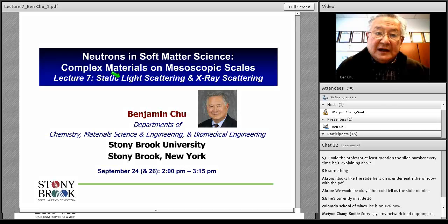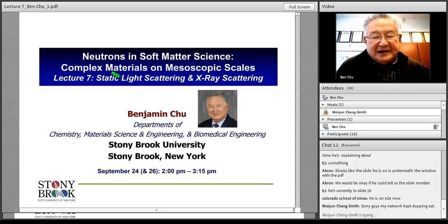If I use another laser with a shorter wavelength, let's say for convenience sake, 3,000, and put it inside, with the refractive index 1.5, then I would have an effective wavelength of 2,000 angstroms.